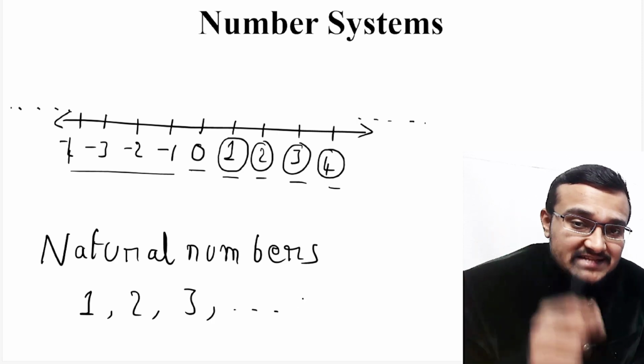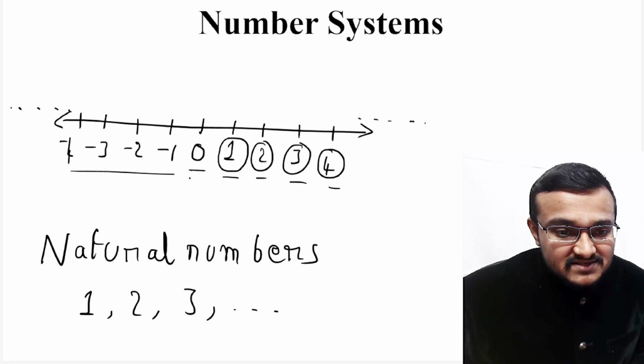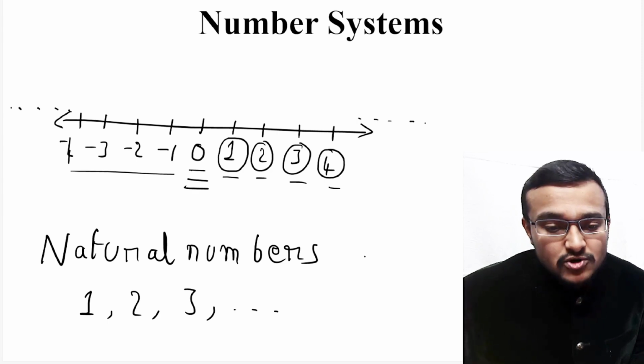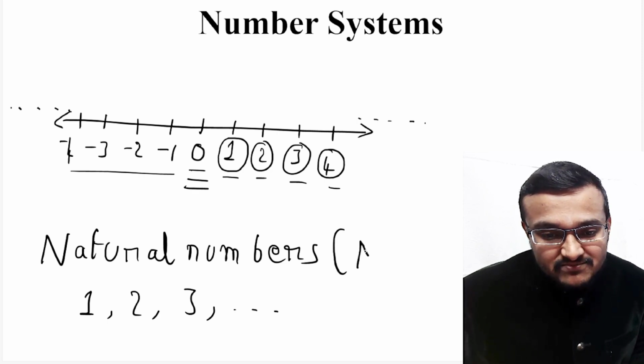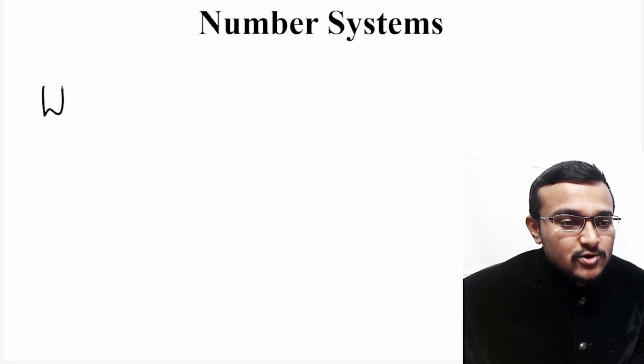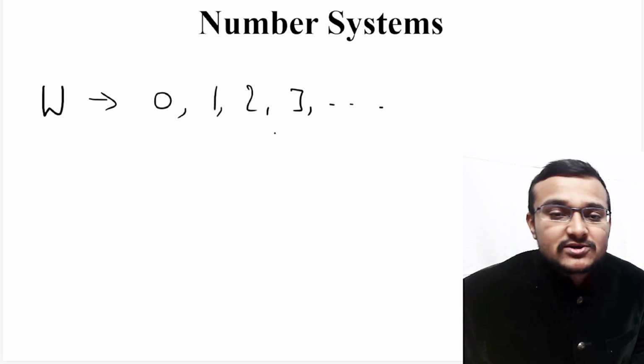If you add 0 to this natural number set, then it becomes whole numbers. Natural numbers can be denoted as capital N, and whole numbers can be denoted as capital W. Whole numbers contain 0, 1, 2, 3 and it goes on.